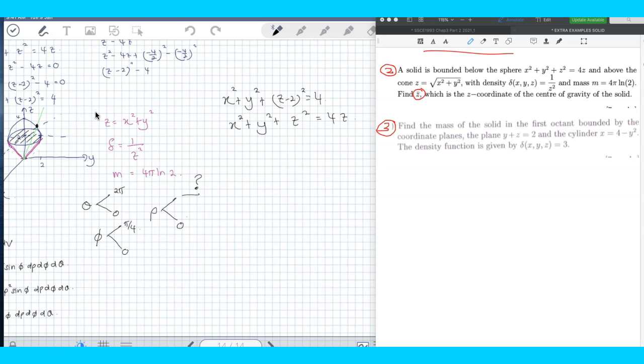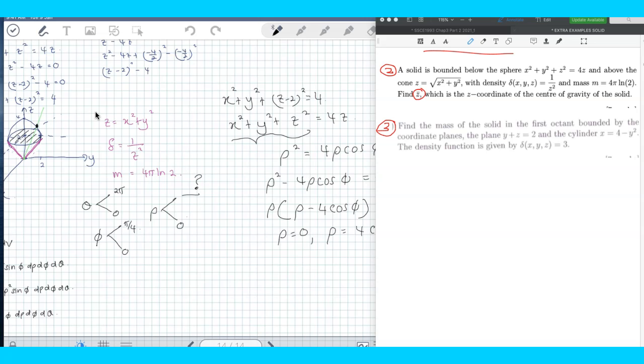This is rho squared, right? Rho squared equal to 4 times z, and z is rho cos phi. So then we can factorize: rho squared minus 4 rho cos phi equal to 0, so rho times (rho minus 4 cos phi) equal to 0, and we get rho equal to 0 and rho equal to 4 cos phi.